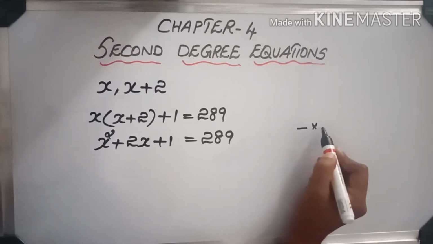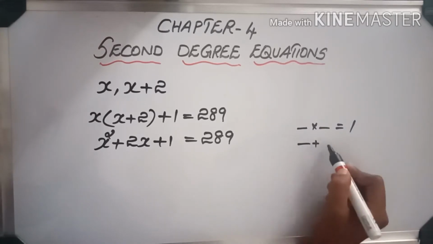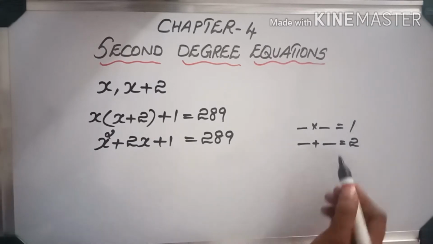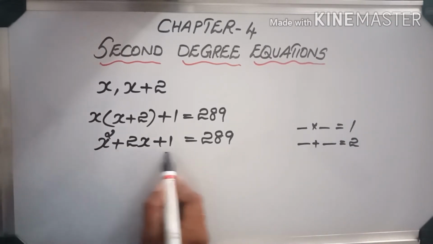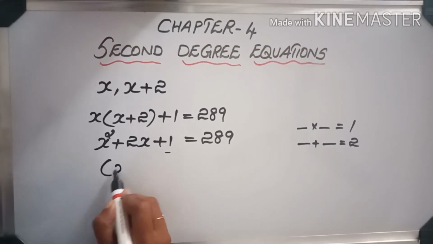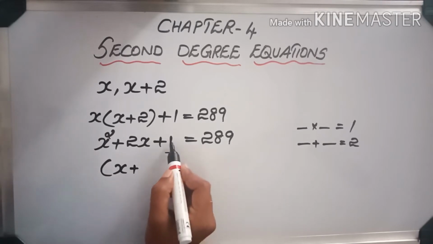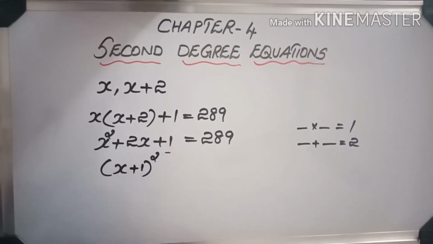Okay, two numbers, product must be 1 and two numbers, sum must be what here? 2. Okay, so which number? 1 into 1 is 1. 1 plus 1 is 2. So here the simplified form will be x plus this number's square. x plus 1 the whole square will be the simplified form of this.